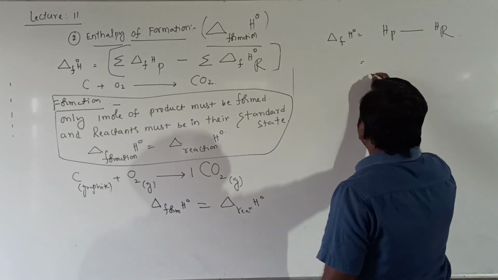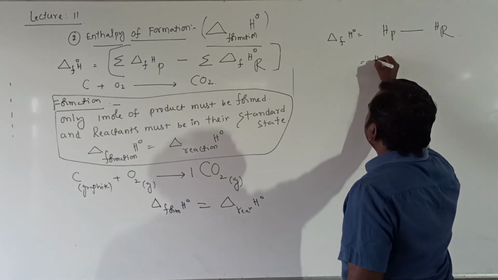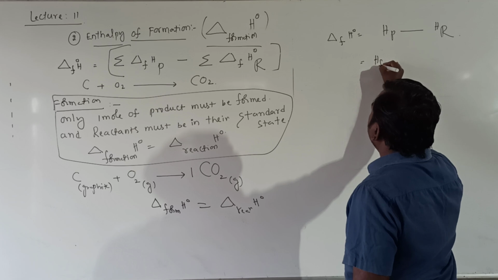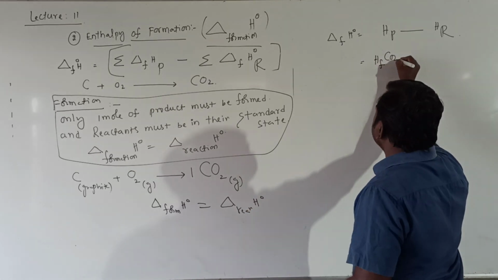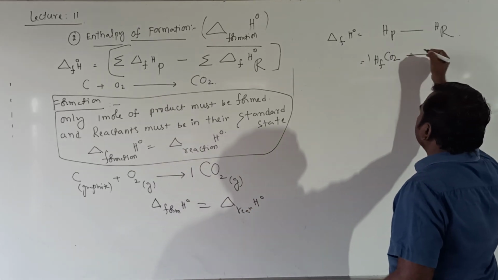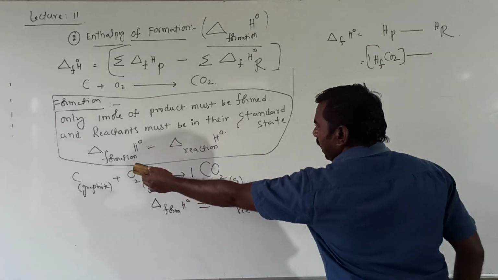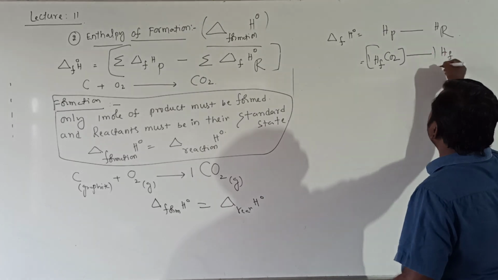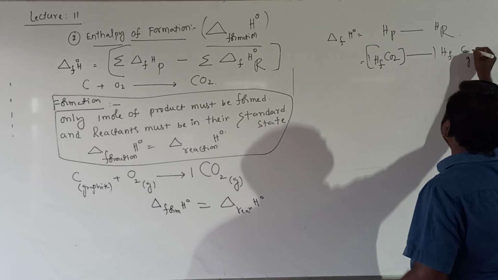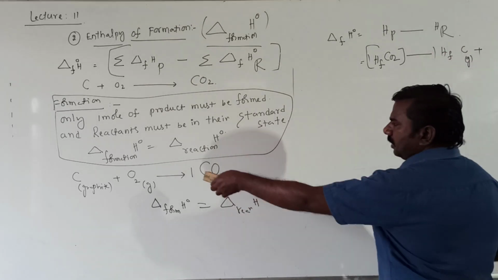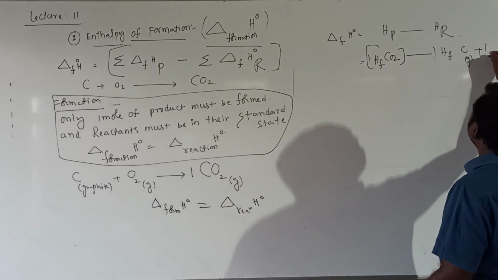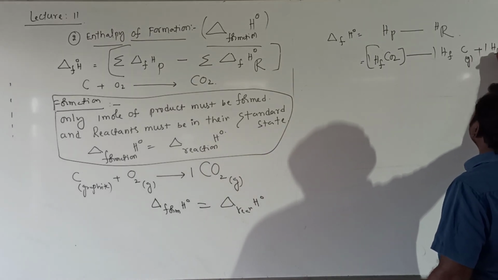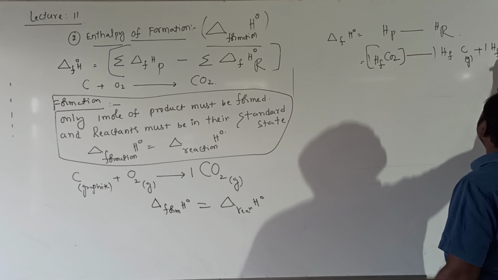So the product is the enthalpy of formation of 1 mole of CO2, minus the reactants: enthalpy of formation of 1 mole of carbon graphite plus enthalpy of formation of 1 mole of oxygen gas.